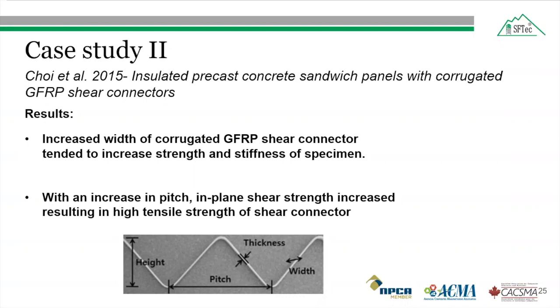And in the second, the shear strength of the GFRP connectors provides better insight into how much pitch, width, and height of the GFRP connector should be used in the precast sandwich wall so that it can provide sufficient shear strength.